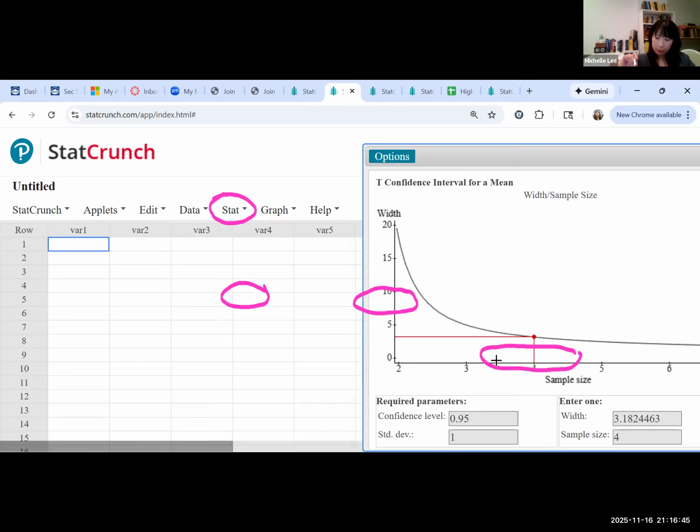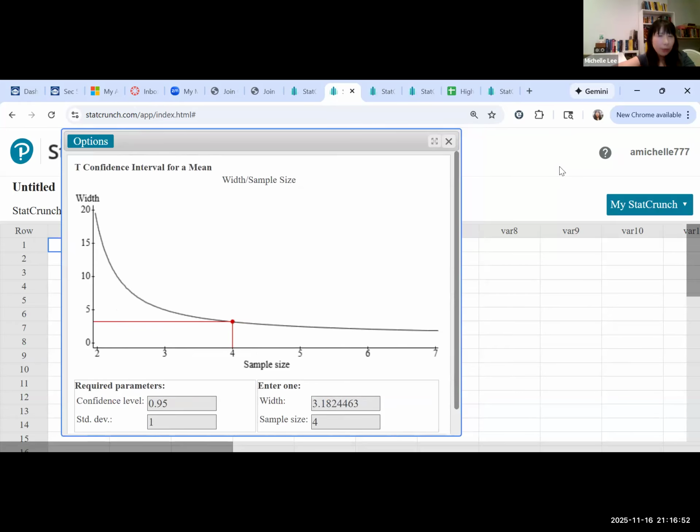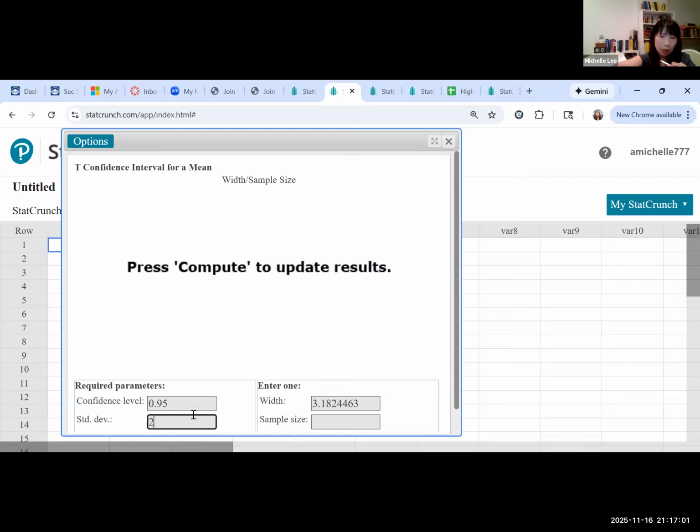Confidence level 95, so we can just keep that. Standard deviation was 2, and the width 0.5. Remember, double the margin of error.